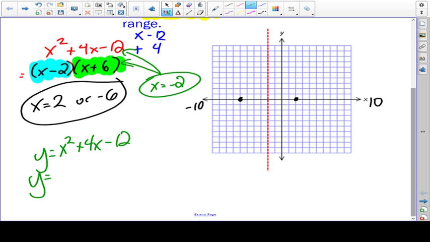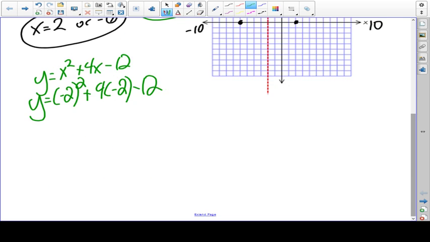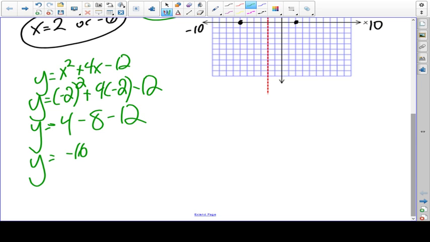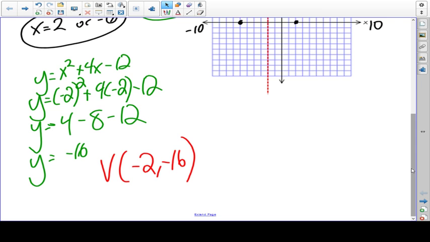So y equals (-2) squared plus 4 times -2 minus 12. So y equals 4 minus 8 minus 12. When I do the math, y is going to equal -16. So that tells me that the vertex is at -2 and -16. That's where the vertex lives.